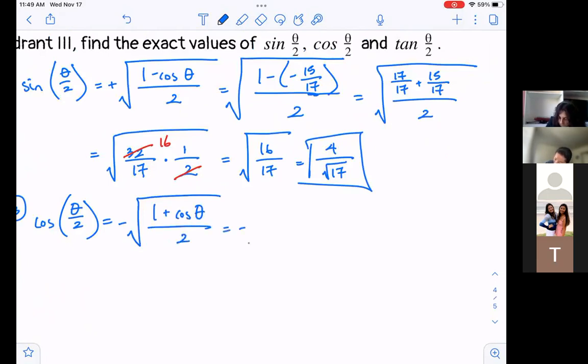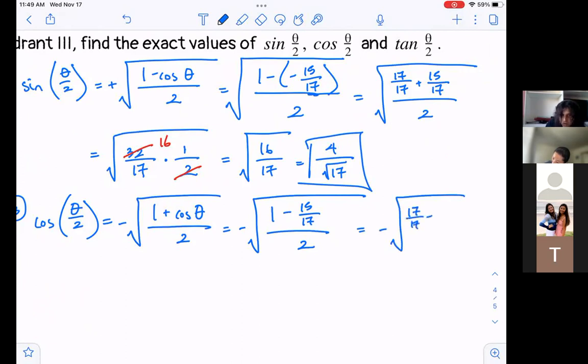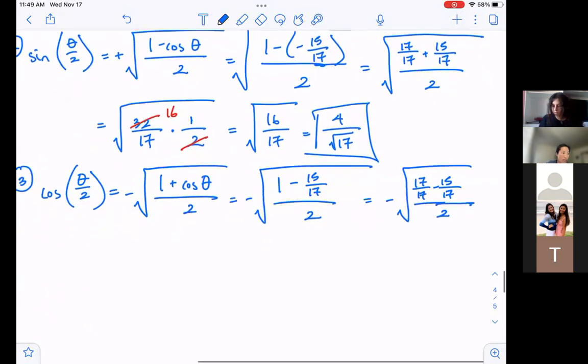We get negative times the square root of 1 minus 15 over 17, which gives us negative 17 over 17 minus 15 over 17 over 2. We crank through some arithmetic, we get negative square root of 2 over 17 times 1/2.